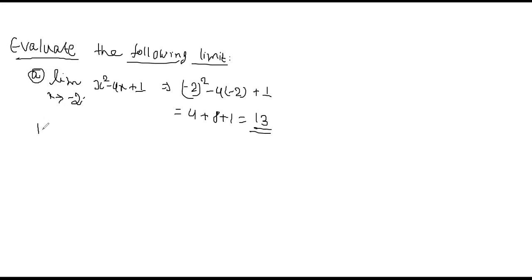Now, second question. Limit x tends to 4 of root over x square minus 7, plus 3. Tell me what is your answer? One minute, sir.